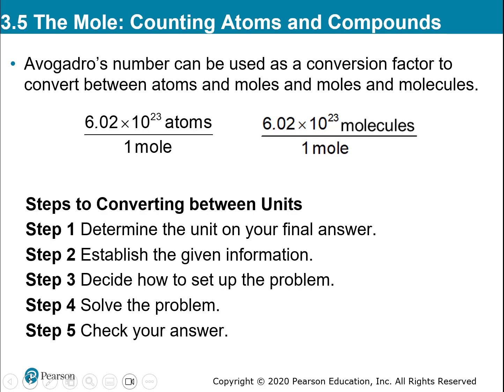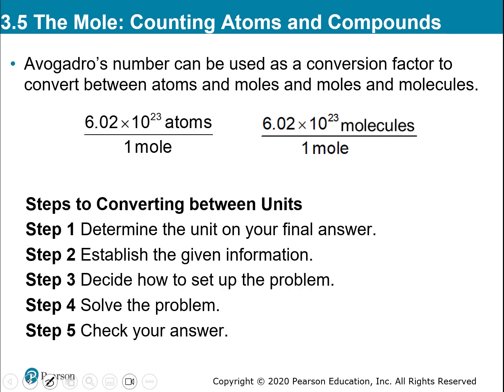So I can use this like a unit conversion. I can have 6.02 times 10 to the 23rd molecules per mole, or I could have 1 mole over 6.02 times 10 to the 23rd molecules. The kicker is making sure you put it in the calculator right.